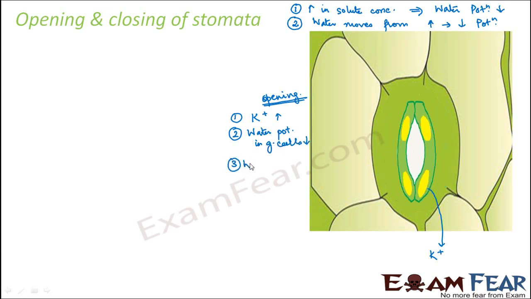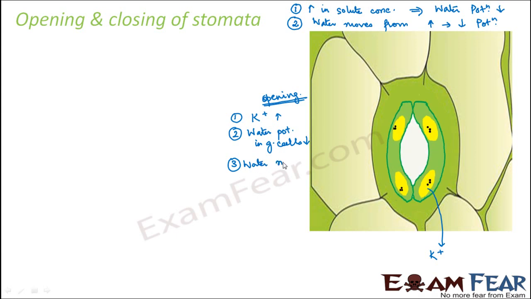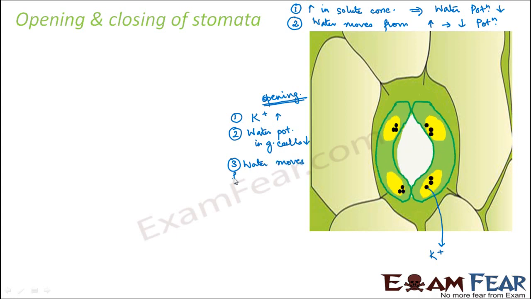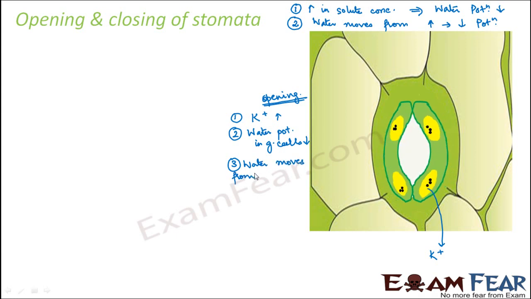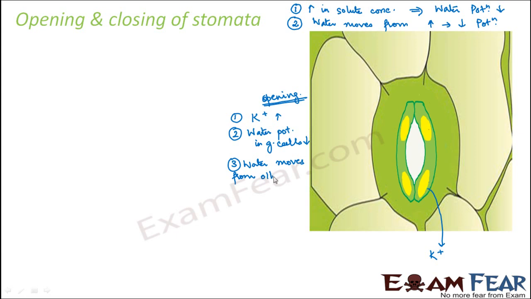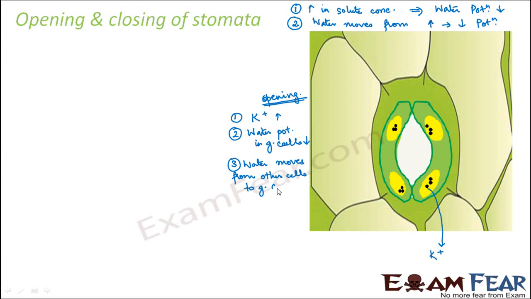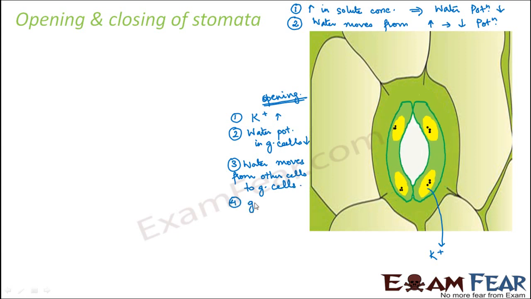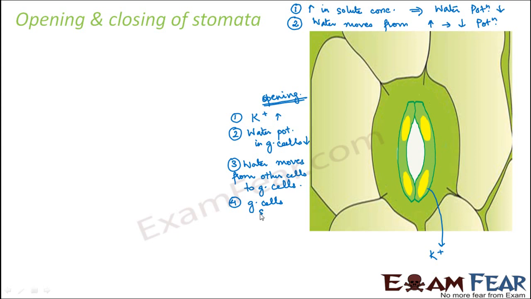So what happens? Water starts moving. Water moves from higher potential to lower potential. So water starts moving from other cells to the guard cells. As a result of this, what happens? The guard cells swell up.